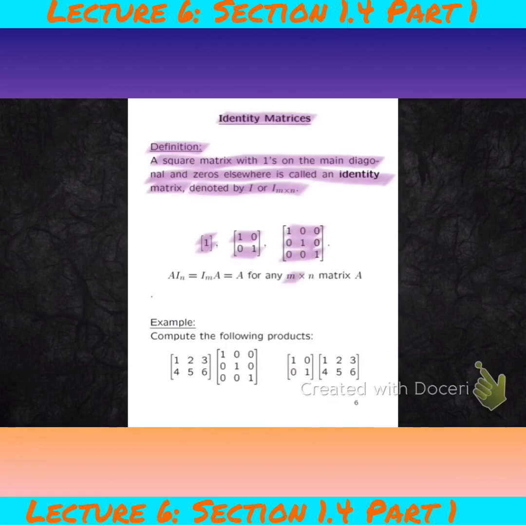If A is an m by n matrix, then I have to multiply on the right by I_n for it to be valid, because I_n is a square identity matrix with n rows and n columns.